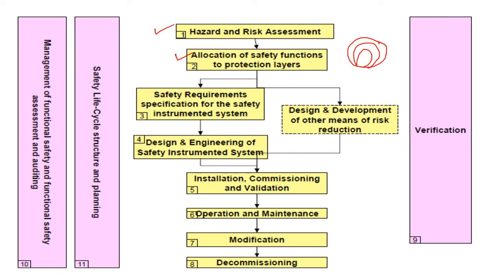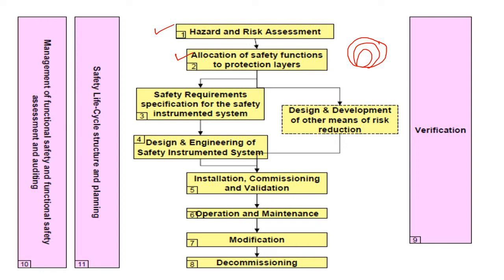This is like onion layers. Failure of only one layer will not affect your system. Multiple layers have to fail at the same time to affect the system.